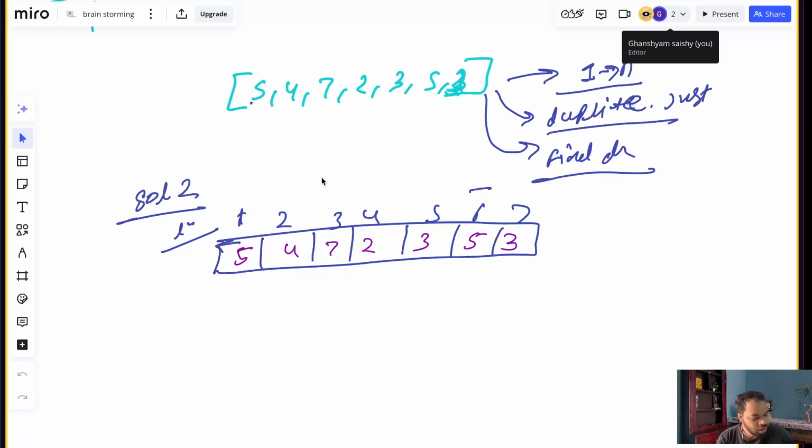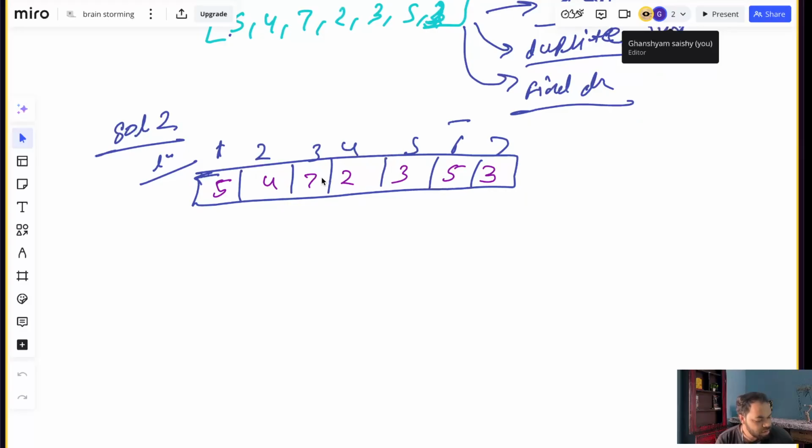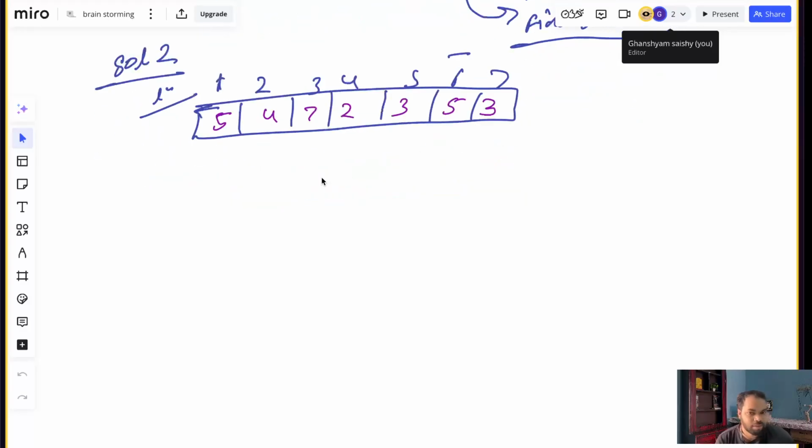We'll start sorting it using cyclic sort. We see 5 is not at the correct place, so we put it at the correct place. 5 will go here, and 3 will come up here, and other things remain as they are. Then we look at 3. It is not at the correct place, so it goes here, 7 comes here, which is not the correct place either, so it goes to its position and 3 comes.